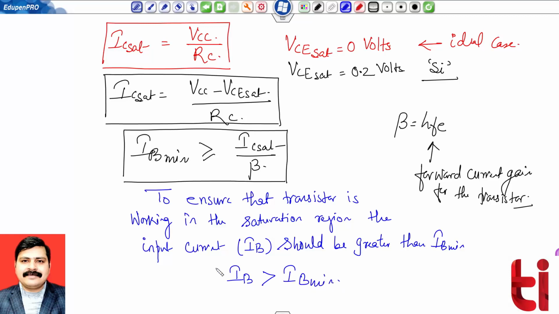If this condition is satisfied, we will say that my transistor will be working in saturation region.